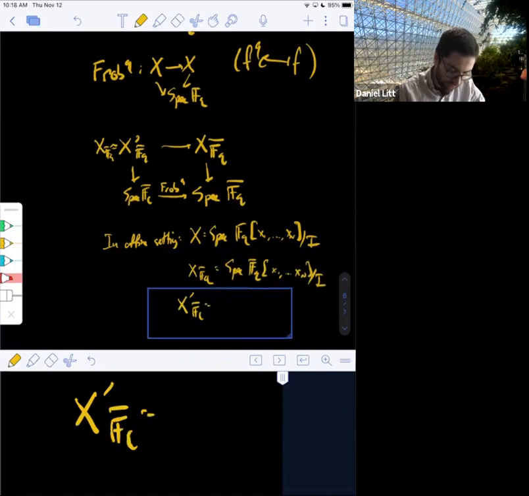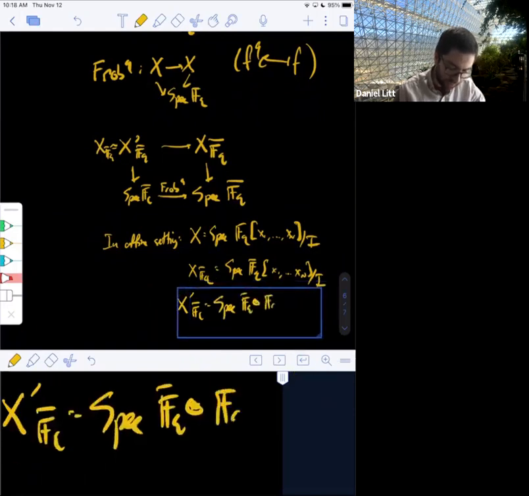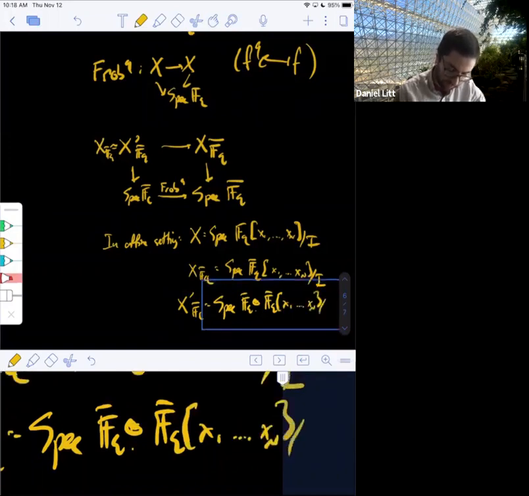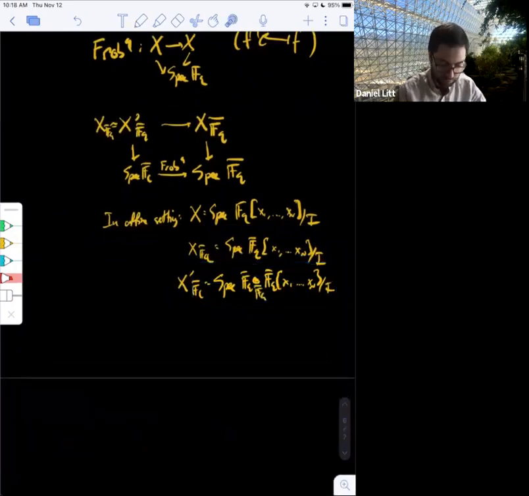It's spec of FQ bar tensored with FQ bar over this. Over here we're just tensoring these rings together, but we're viewing FQ bar here as a module over FQ bar via the Frobenius map, which is an isomorphism.